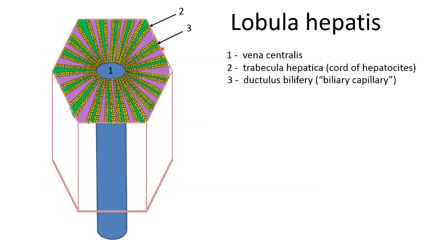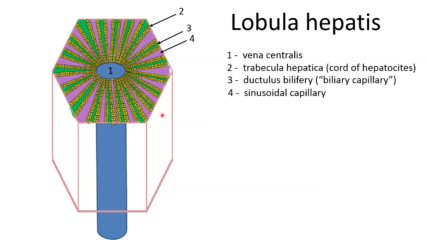This blood is mixed, arterial and venous, oxygenated and deoxygenated. So that's why we use violet color. This space, number 4, we can name as the sinusoidal capillary.